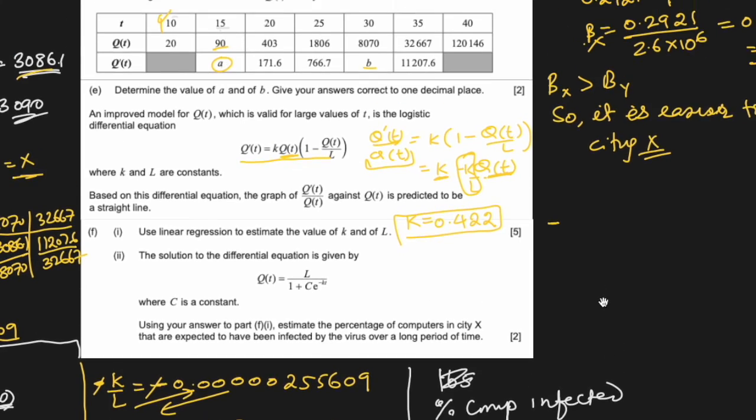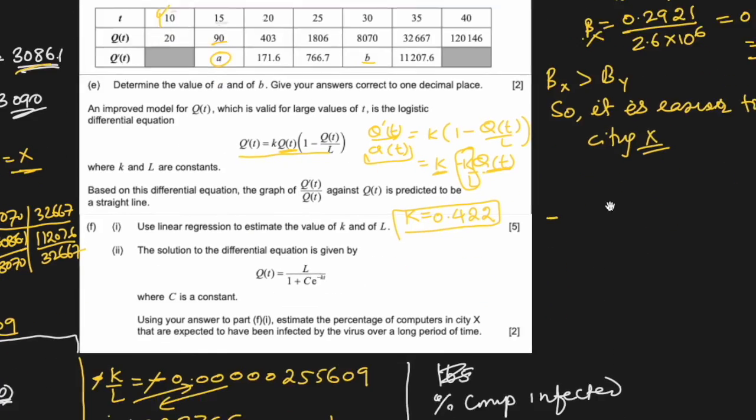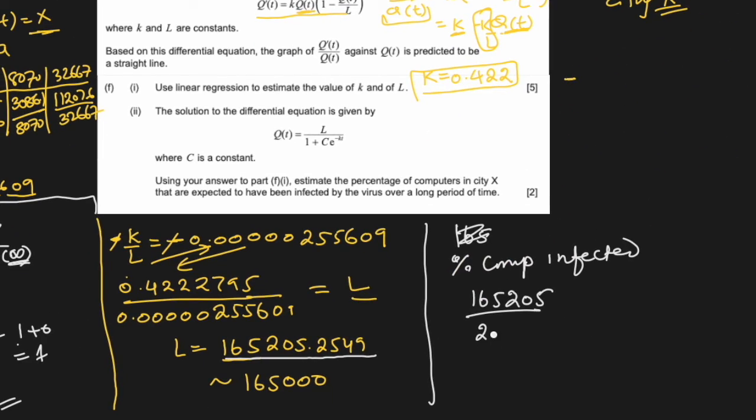They were 2.6 times 10 to the power 6, or 2.6 million. And we want to find the percentage, so we multiply this by 100. And the answer I'm getting is 6.35%. Only 6.35% of computers will be infected over a long period of time.